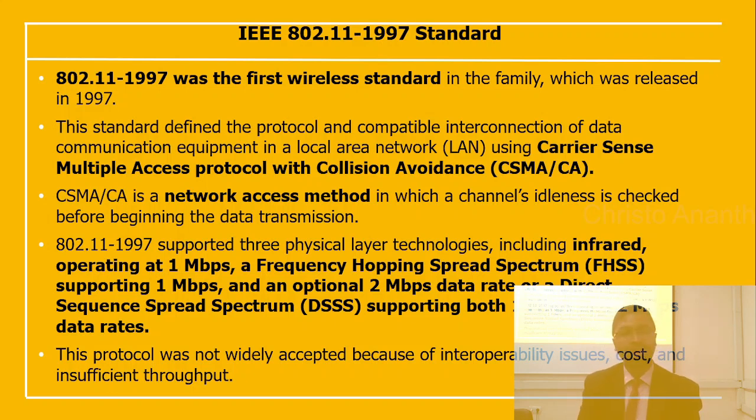This standard supported 3 physical layer technologies: IR, infrared, operating at 1 Mbps; FHSS, frequency hopping spread spectrum, at 1 Mbps and an optional 2 Mbps data rate; or DSSS, direct sequence spread spectrum, supporting both 1 Mbps and 2 Mbps. The protocol was not widely accepted because of interoperability issues, cost, and insufficient throughput.